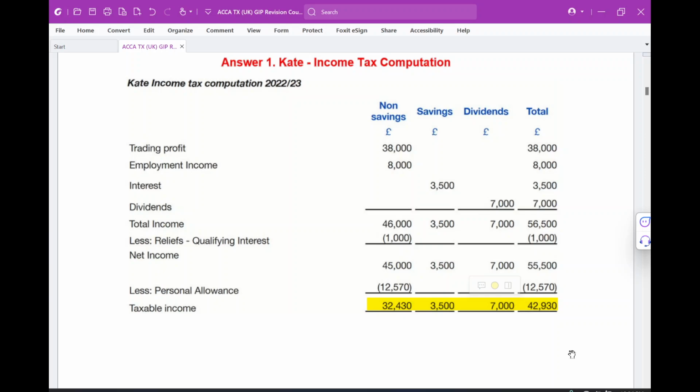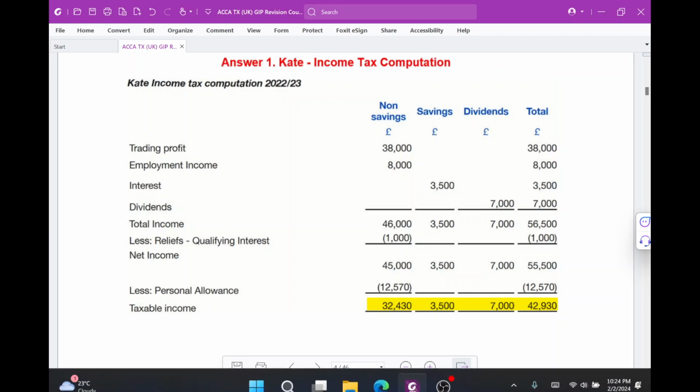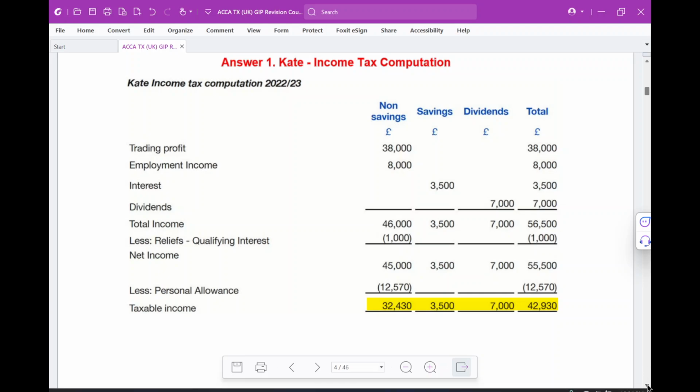My advice when we get into part three of any income tax computation is to slow down. When we work at pace, when we're trying to work quickly, those mistakes tend to pop in. I think we can work fairly quickly up to this point. It's really in the next section that I would say slow things down, be careful, because here's where the dangers are. Here's where we have a pretty good chance of losing some marks that we don't even need to lose.